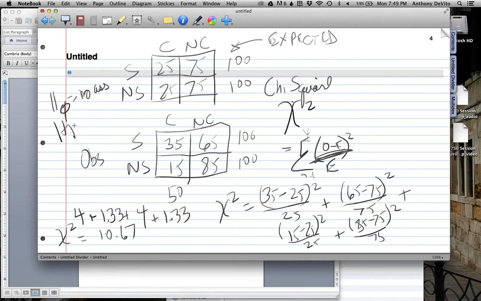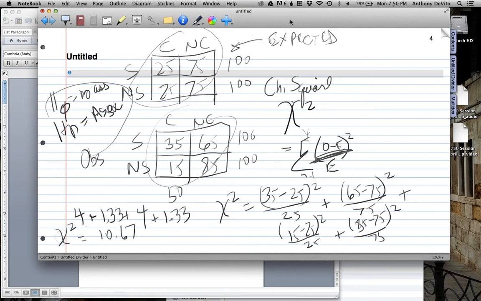And our alternative hypothesis is that there is an association, that smoking affects whether or not you have a chronic cough. Okay, so now how are we going to demonstrate that there's a big enough difference between expected and observed values using this number called chi-square? Well, the way we're going to do that is there is a chi-square distribution.